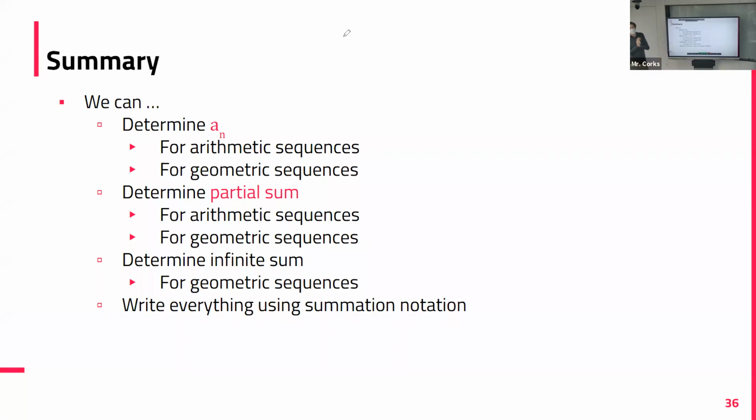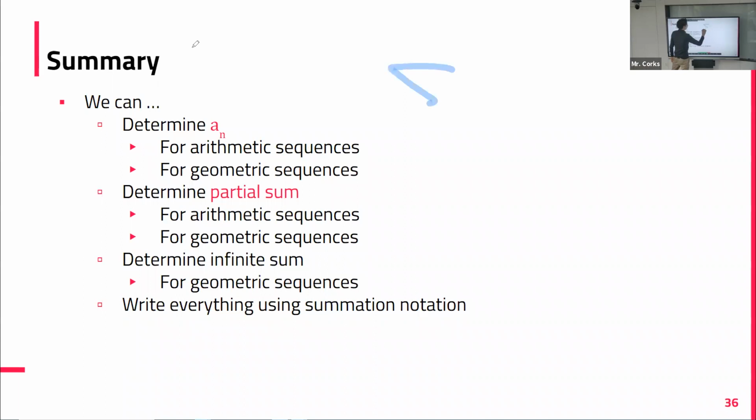All right, so we have a formula for the general term, both for arithmetic and for geometric sequences. Two different formulas, you need to remember. We have formulas for partial sum for both of these types. And we also have a formula for infinite sum, specifically for the geometric ones. And we've learned how to write everything in summation notation with this big sigma as well.